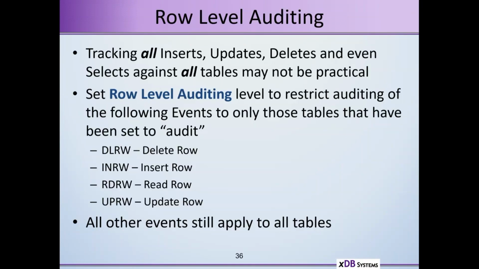Now we can do that by setting row level auditing. If we enable this in the config, we can now say for this set of tables, I want to capture auditing information. And specifically, that's delete row, insert row, read a row, or update a row. Yes, read a row.